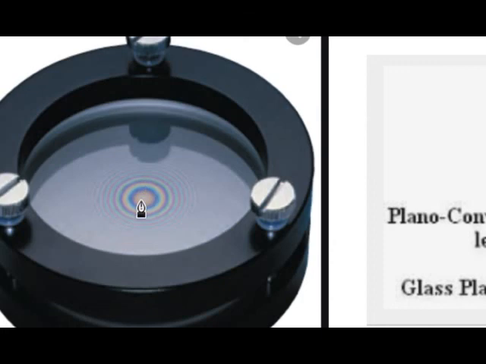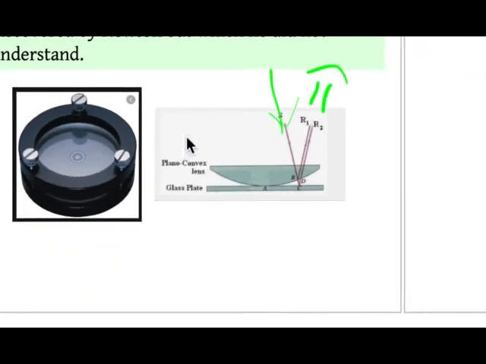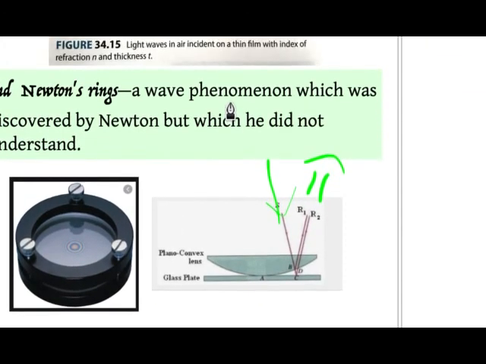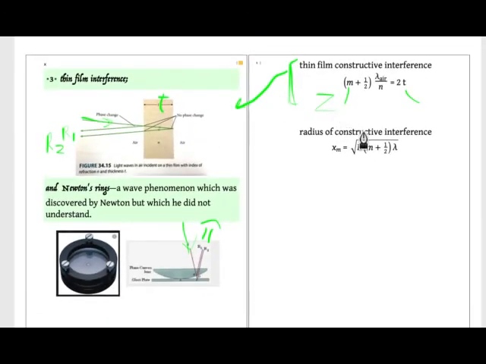Now, why do you get the colors? Well, because the condition for constructive interference depends on the wavelength.